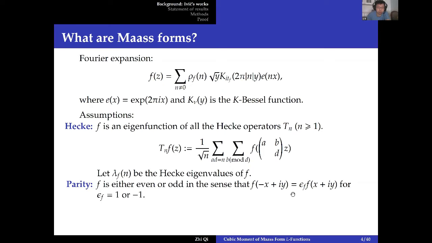We're going to assume f being either even or odd, so you have this root number epsilon f being 1 or -1. We know that lambda f and rho f are proportional, so sometimes I'll just call lambda f also Fourier coefficients. If you assume these conditions, you have these two identities.